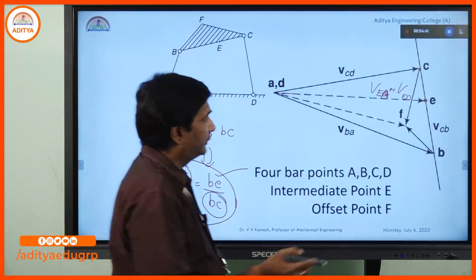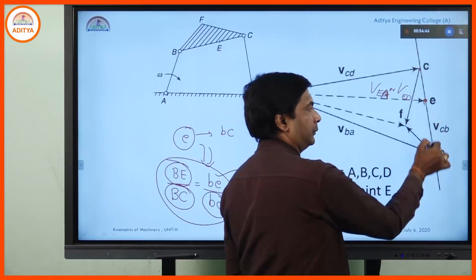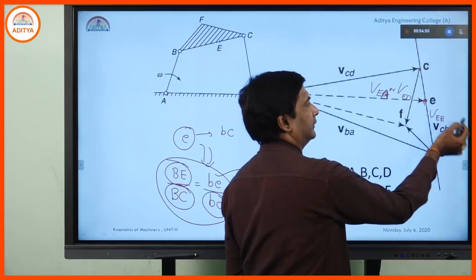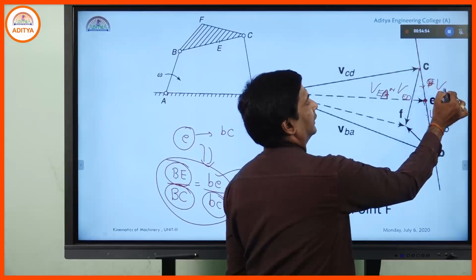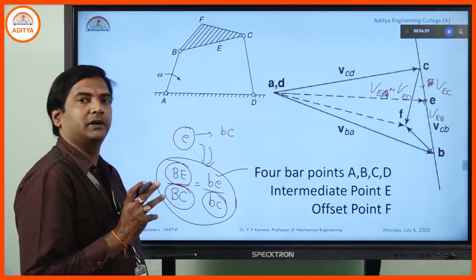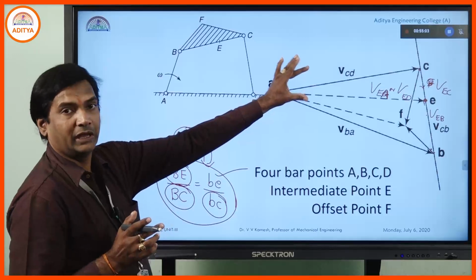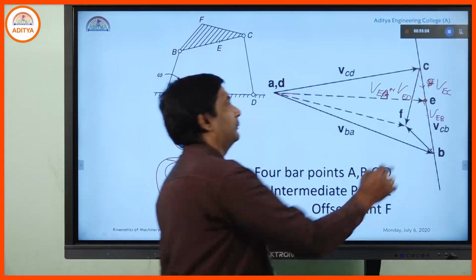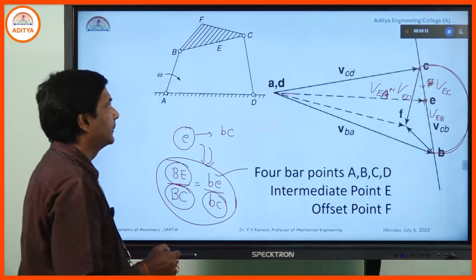Otherwise, this small portion BE can be represented as velocity of E with respect to B. This small portion, velocity of E with respect to C. Like this, the same length parameter can be split into two proportionate elements with respect to E. Velocity of EC, velocity of EB, both will be combined as velocity of C with respect to B.